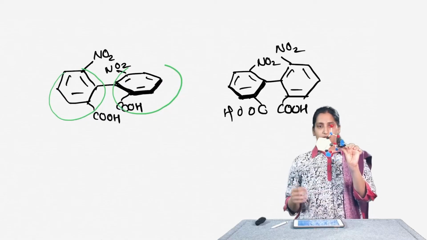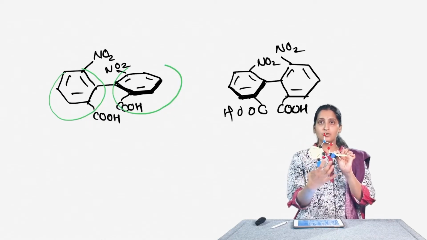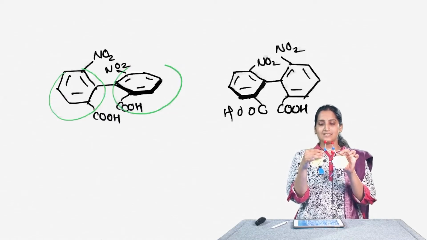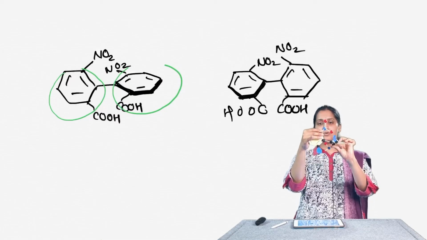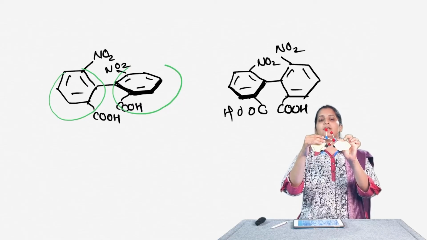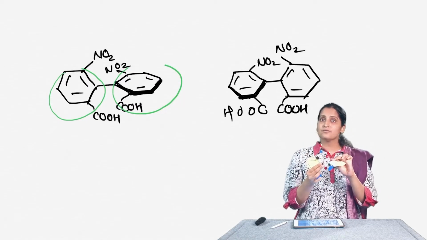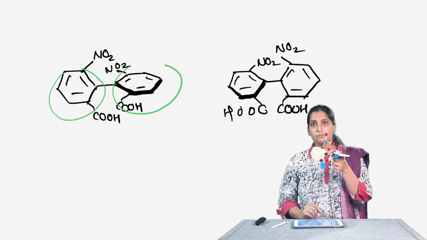Now, what happens is, because these two nitro groups and the two COOH groups are extremely bulky, as I start rotating, as you can see, if this bond between the two benzene rings wants to rotate, it has to go through a state wherein the two nitro groups are clashing with each other. And as a result of this, the molecule does not show rotation at room temperature.